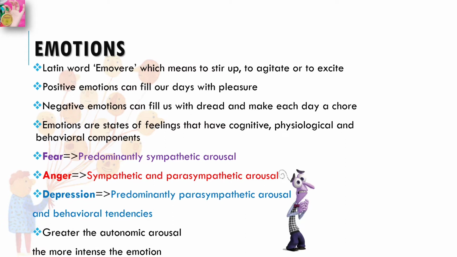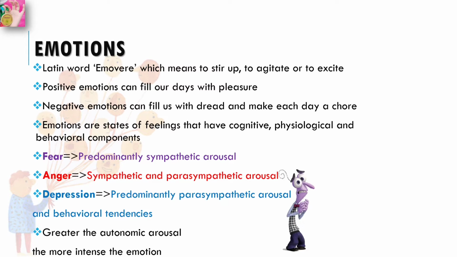For example, fear, which usually occurs in response to a threat, involves cognition that one is in danger, predominantly sympathetic arousal, which includes rapid heartbeat and breathing, sweating, muscle tension, and tendencies to avoid or escape from the situation as a response to a social provocation.